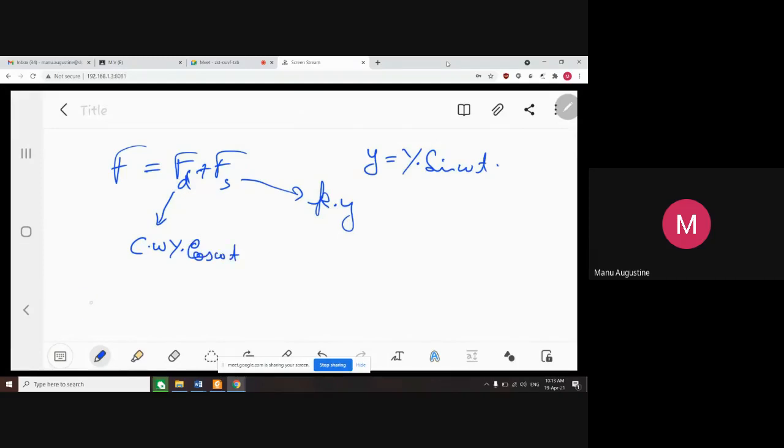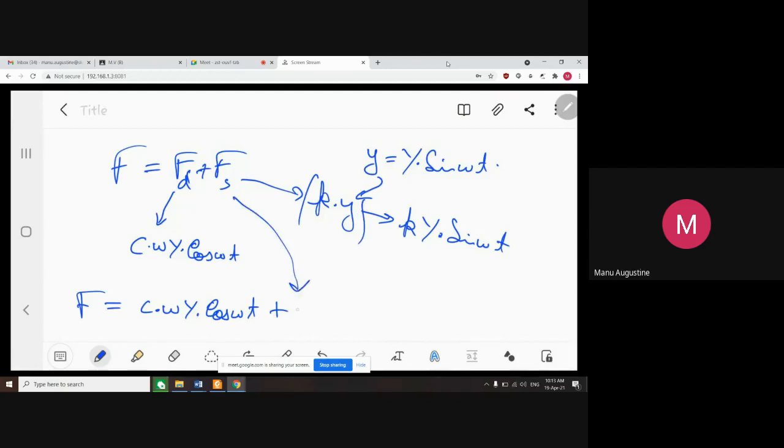And therefore the total expression of F is c omega Y cos omega t plus Fs, which is nothing but kY sin omega t. You bring your Y here, this becomes kY. So Fs is kY sin omega t.